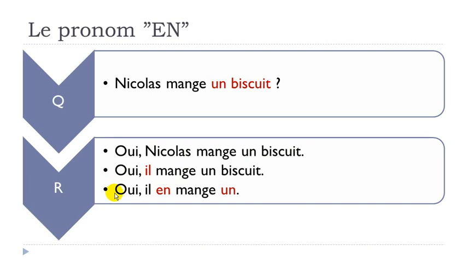The difference here between what we saw with the partitif and now is that here you've got the quantity, so you know exactly how many or how much. So you get to put that at the end of your sentence. Oui, il en, so you put your pronoun here before the verb, and after that you put un. Il en mange un. All right?